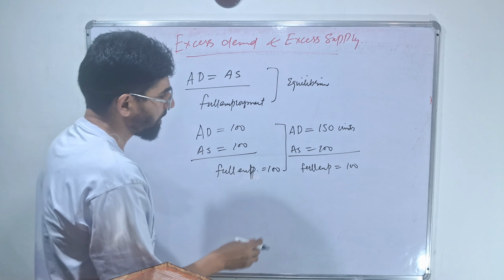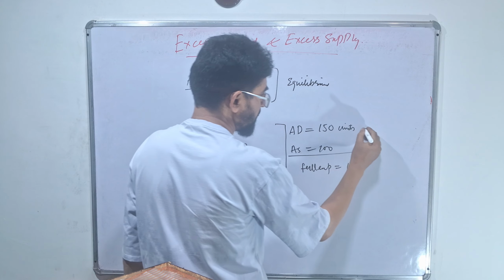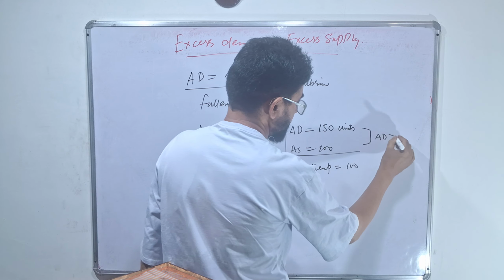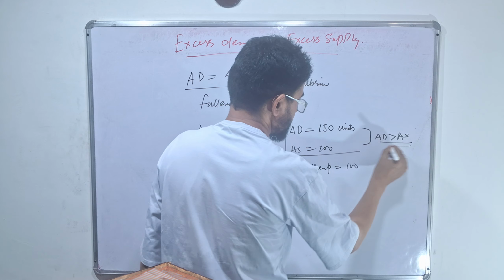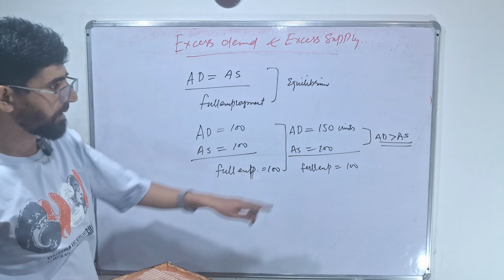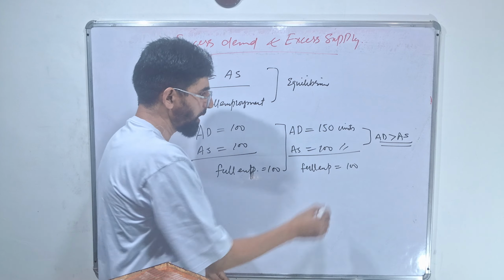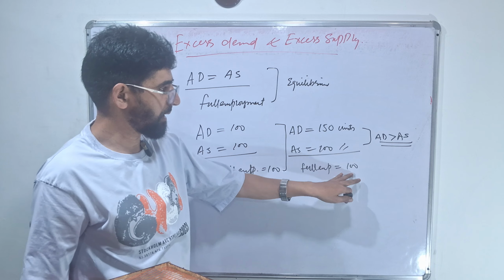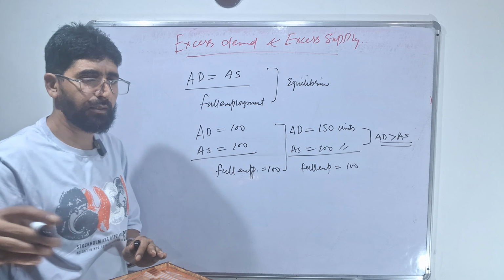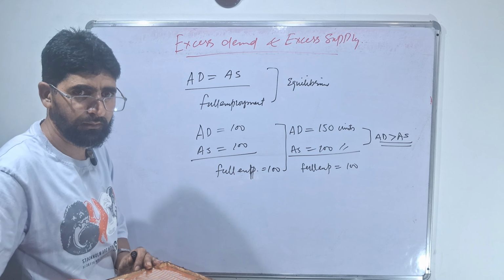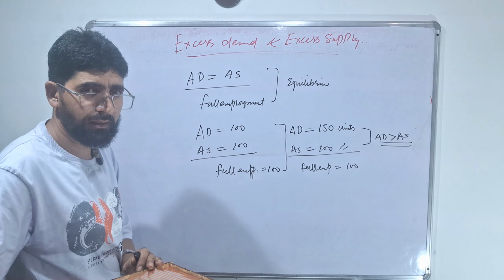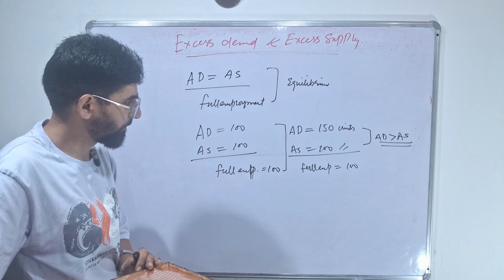Here observe this, definitely this shows us aggregate demand is greater than aggregate supply. Here is 150 units, here is 100 units, and corresponding to full employment, that is 100. That means here it shows excess demand. An excess demand situation arises in an economy.